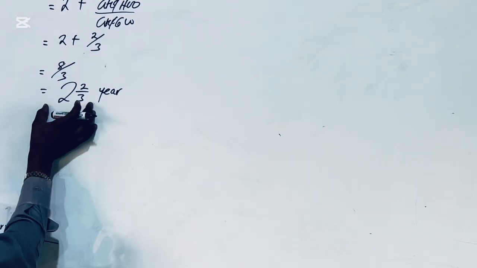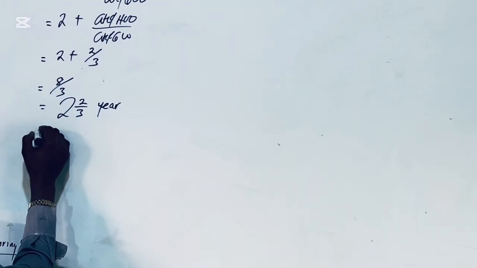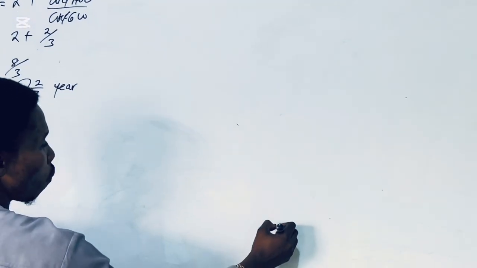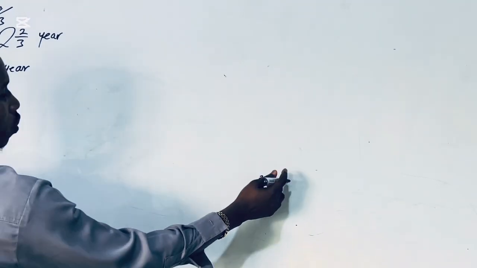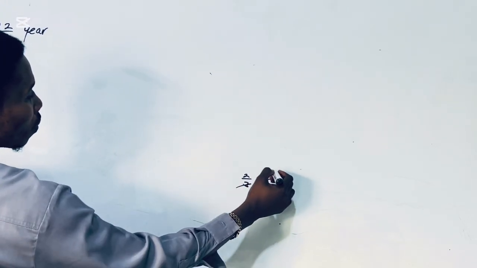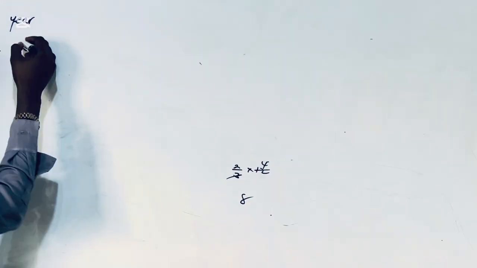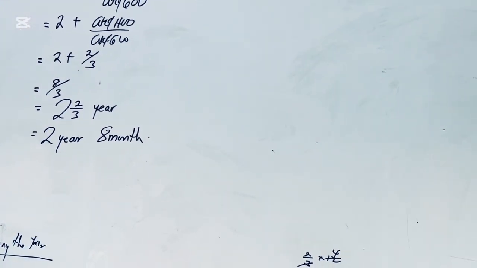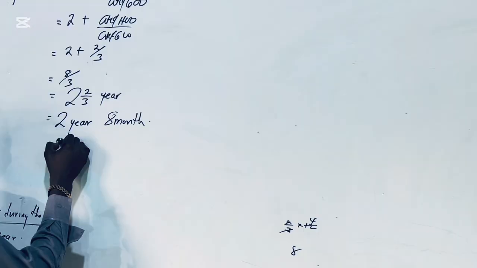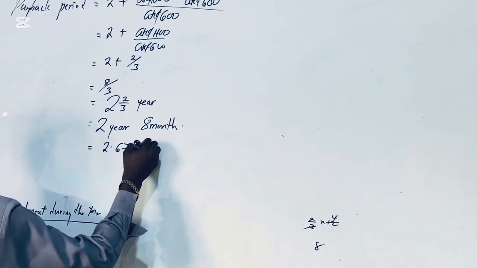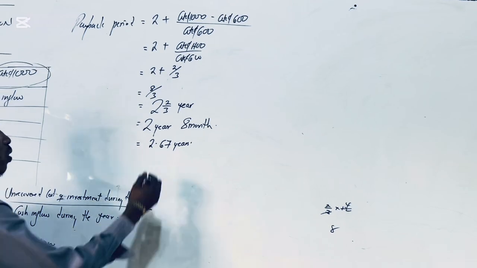Mathematically, we can express this as: the whole number is 2 years, and the 2 over 3 is our months. So we convert this to months by multiplying by 12. 3 goes into 12 four times, 4 times 2 is 8, meaning 2 years, 8 months. You can equally leave your answer in decimals, which is 2.66667 years.